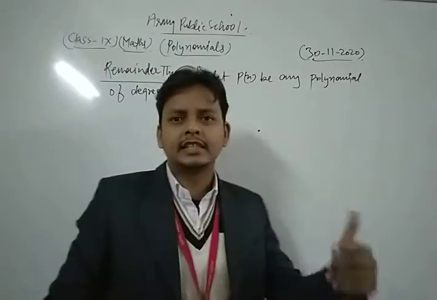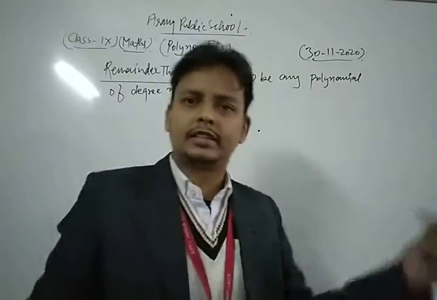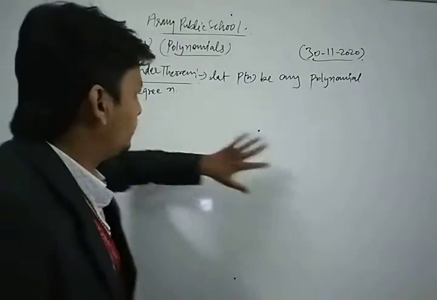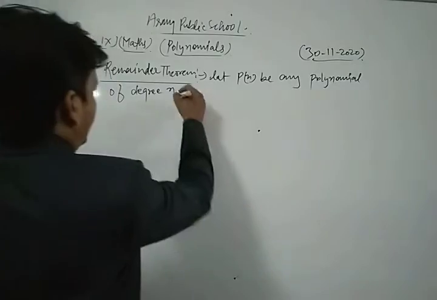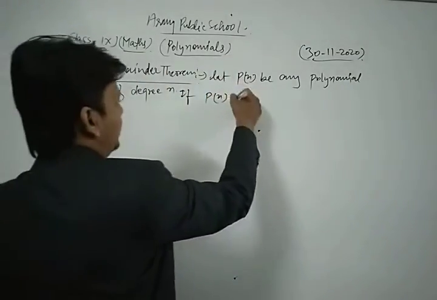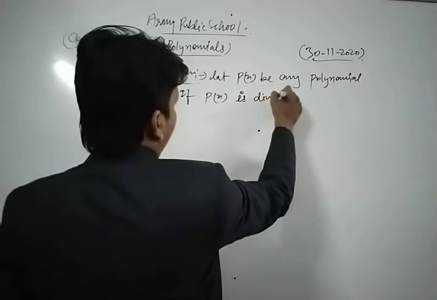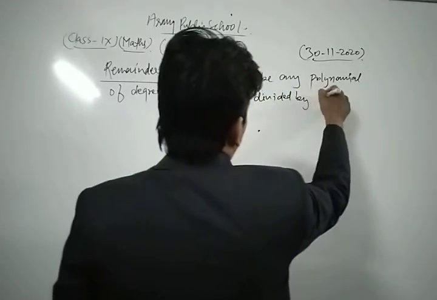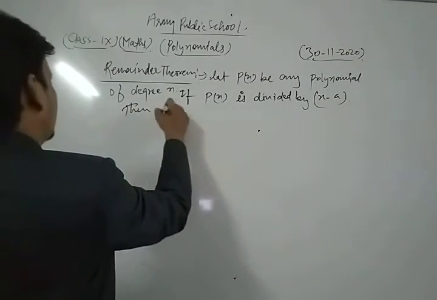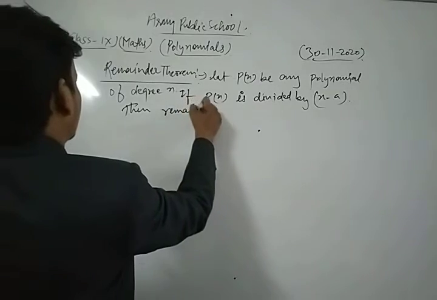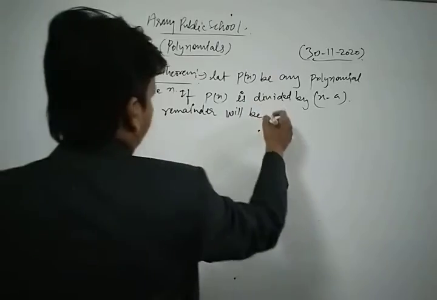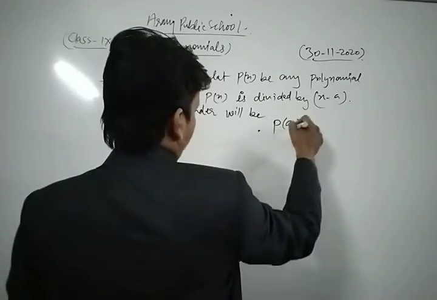The degree n means degree 1, 2, 3, 4, etc., according to the question. If P(x), the given polynomial, is divided by x minus a, then the remainder will be P(a).